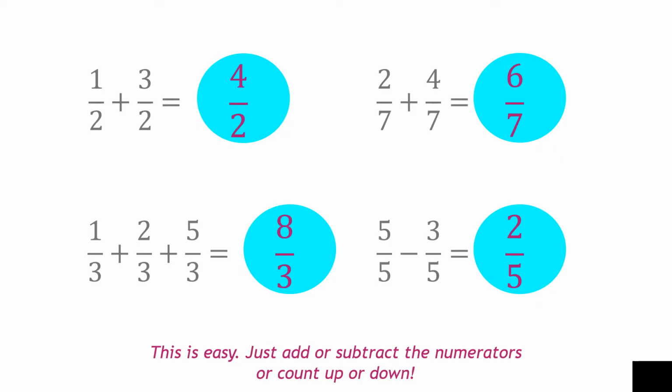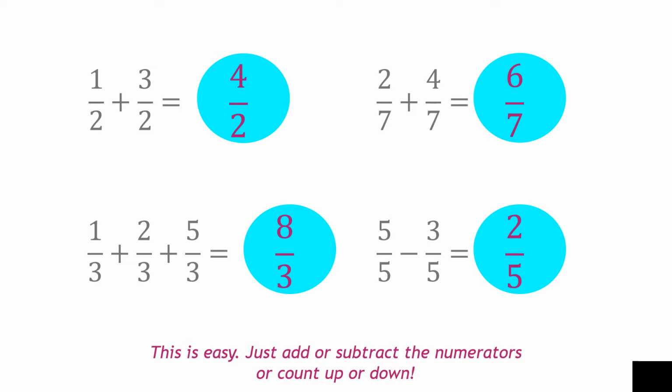Now let's practice adding and subtracting fractions that have the same denominator, which is really just counting up how many we have. 1/2 plus 3/2 equals 4/2. 2/7 plus 4/7 means that we do have 6/7. 1/3 plus 2/3 plus 5/3, we have 8/3.